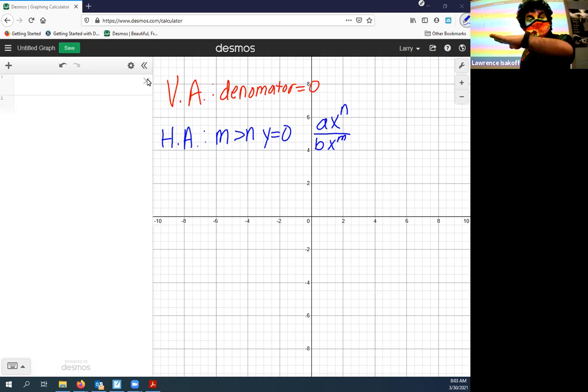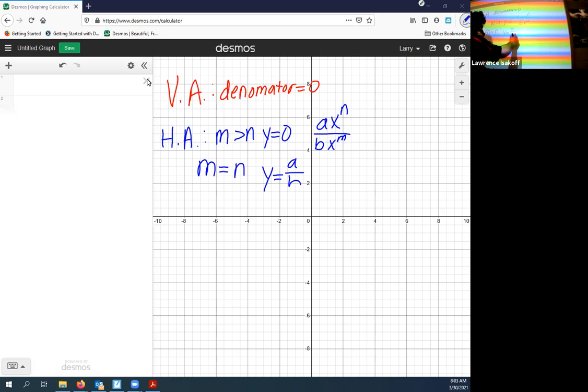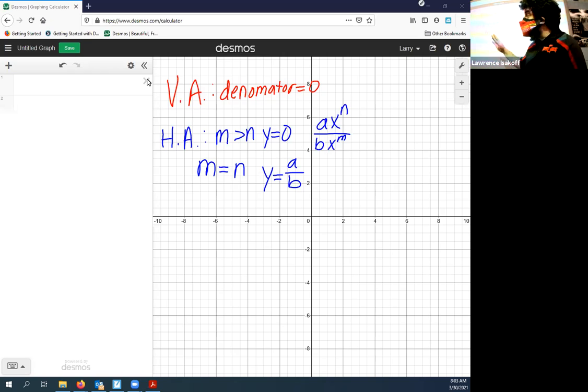It's going to approach the x-axis. Now, if we know that m is equal to n, something special happens here. It's going to now become y equals a over b.